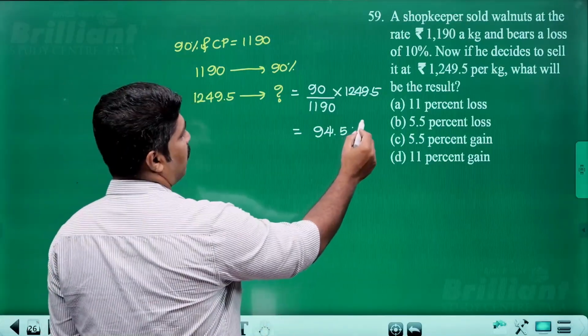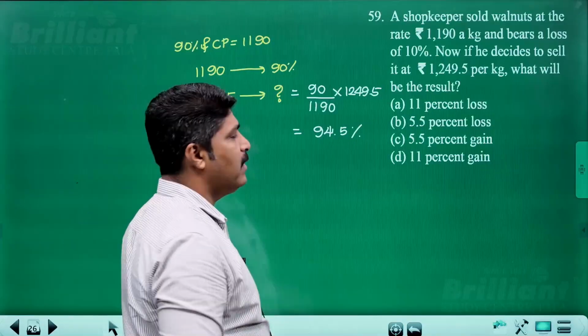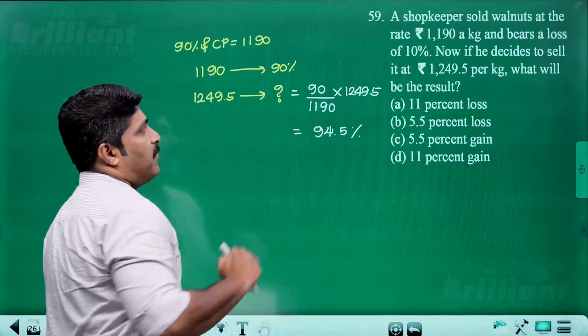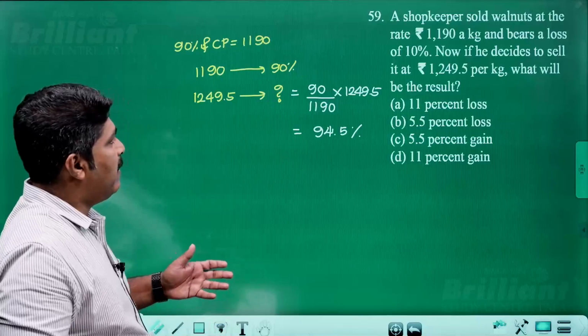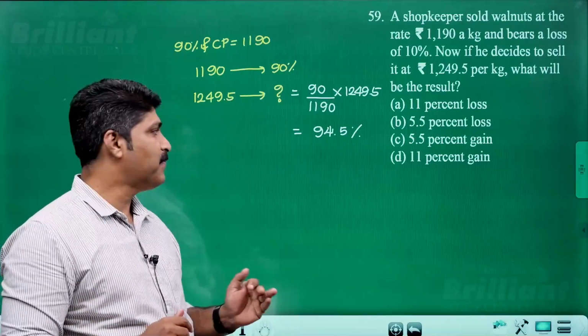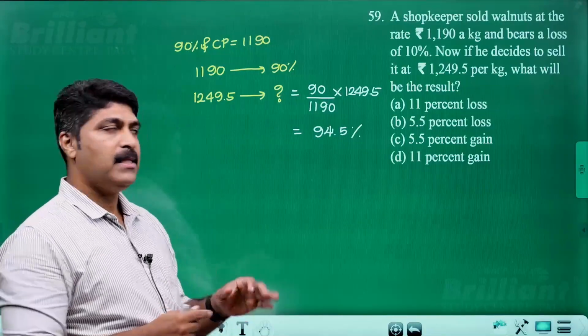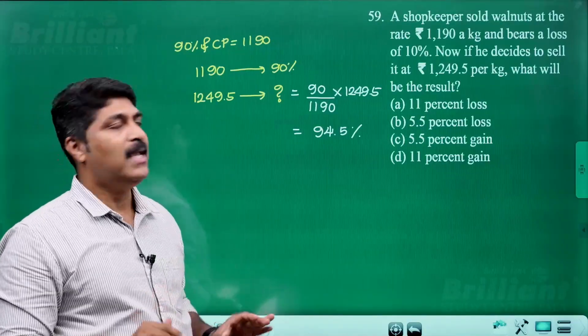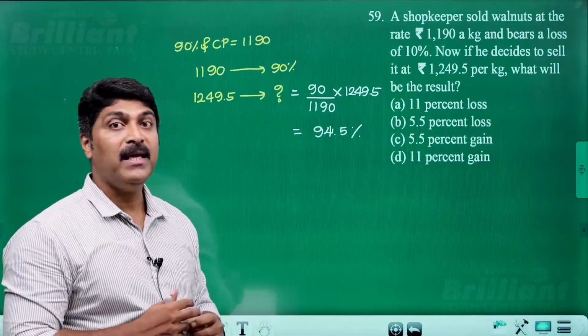This is 94.5. You just try to simplify it. What is the inference here? When there is 90%, it means 90% of the cost price. This is 94.5, which means here the selling price is 94.5% of the cost price.